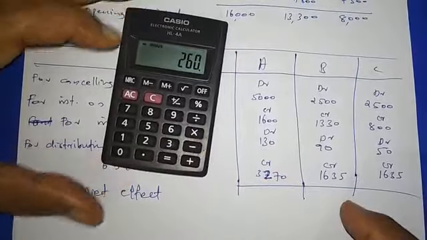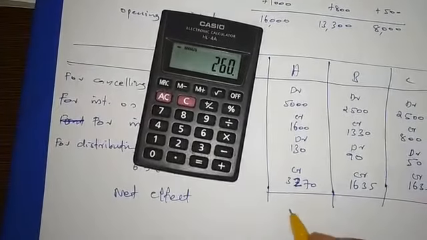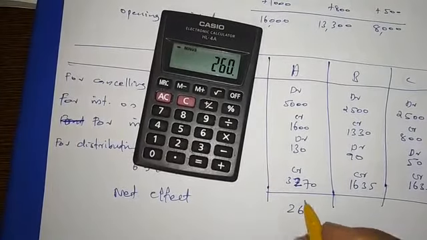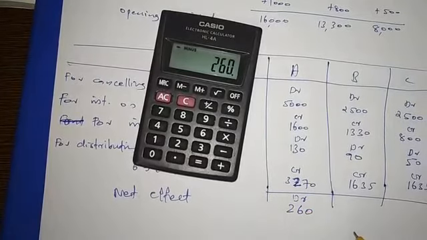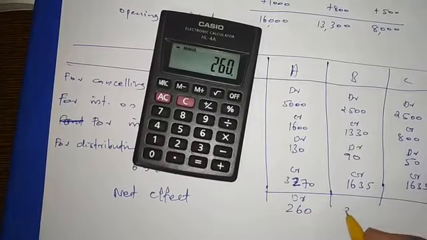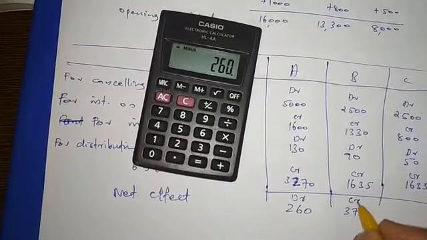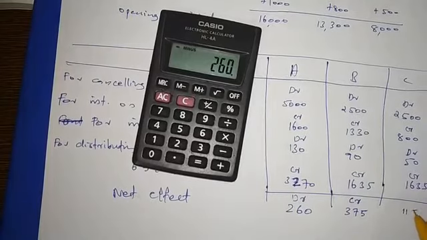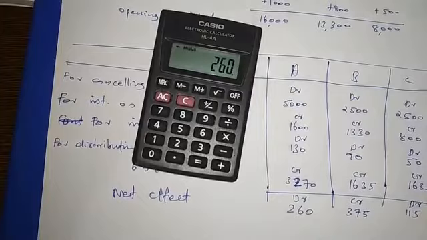So we are getting 260, and this is a debit. Then for partner B, 375 will come. You just calculate. That will be credit, and for C it will be 1,115, and this will be debit. Like that you will get.